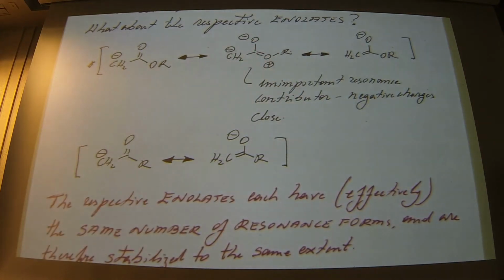Remember when we were drawing resonance structures, we said something about how to determine relative energies, and by determining the relative energies, you could determine which resonance structures were important, which ones you just didn't have to worry about. Well, the ones that have a lot of charge separation or multiple charges are going to be much less important than ones where you don't have that.